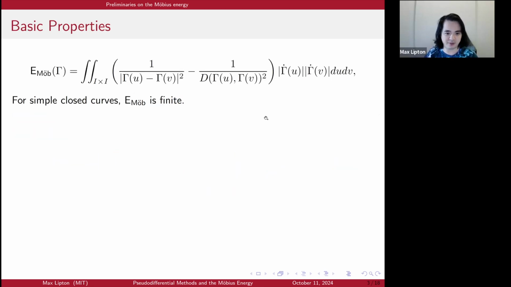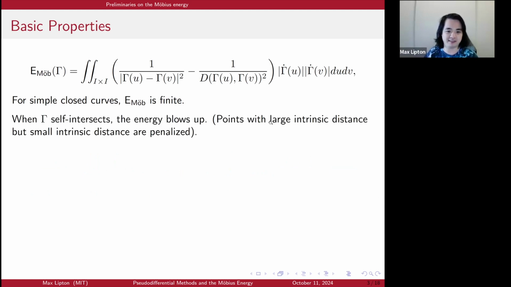Okay, and so some of the basic properties: clearly for simple closed curves, the Mobius energy should be finite. So in other words, when the curve self-intersects, the energy blows up.